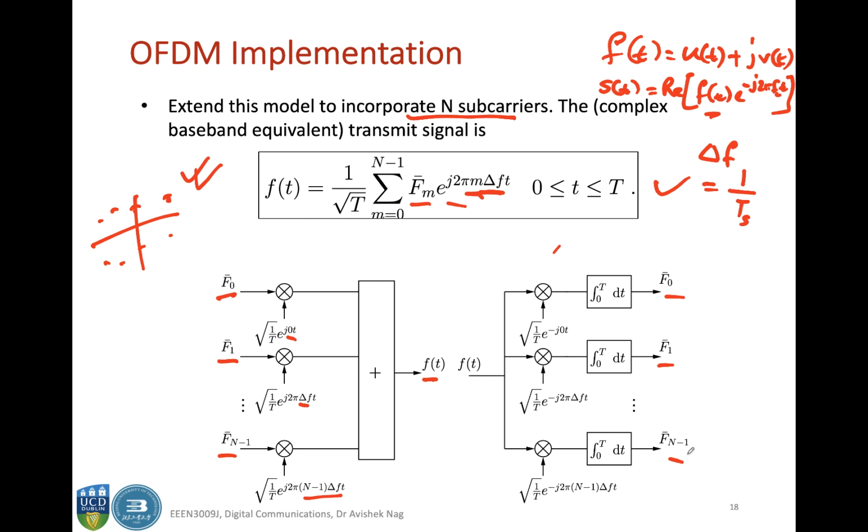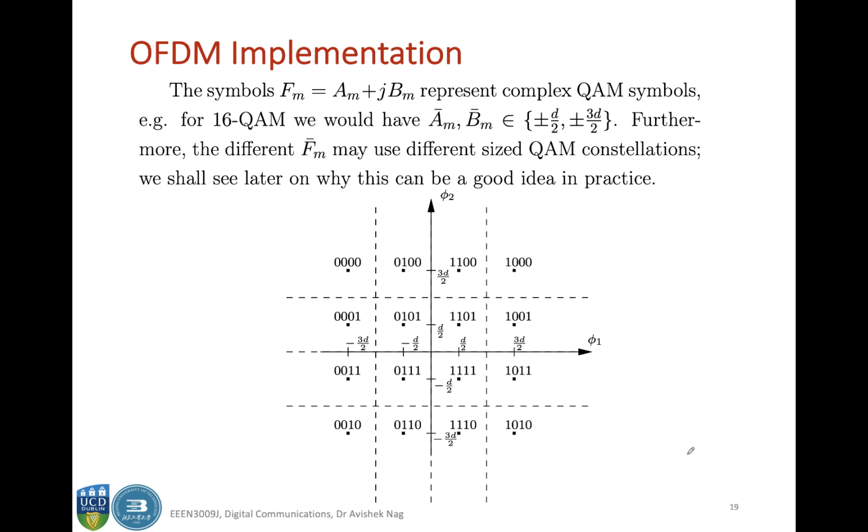Okay, so the symbols Fm, as I was saying, are complex symbols that are picked from a QAM constellation like this. So for 16 QAM, we will have this a_m and b_m from these quantities. The different Fm may use different sized QAM constellations, so we shall see later on why this can be a good idea in practice.